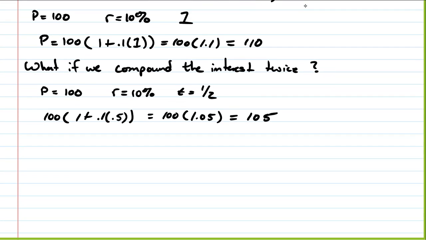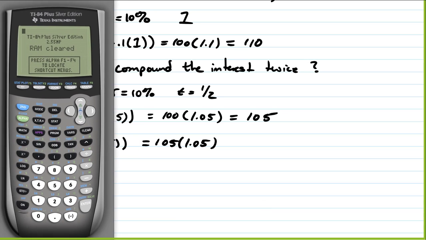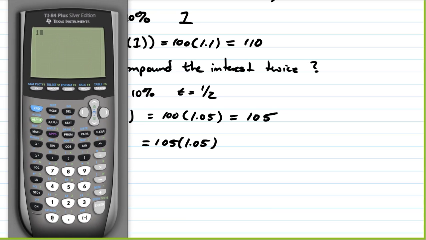So now let's compound once again. So we have 105 times 1 plus 0.1 times another half of a year. So then this is 105 times 1.05. And if we calculate that, we hit enter, and we get 110.25.